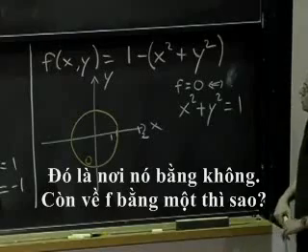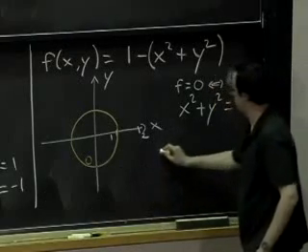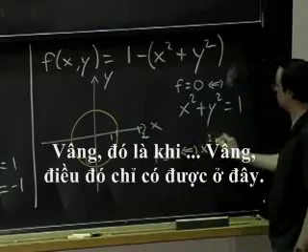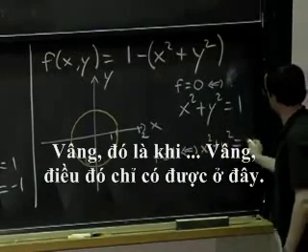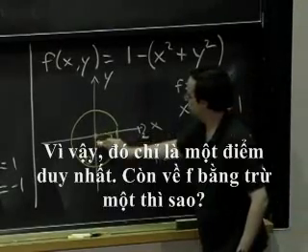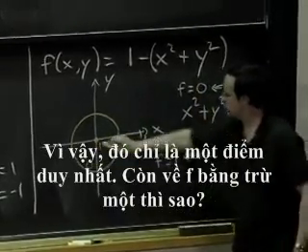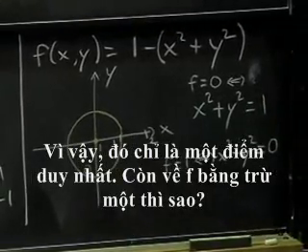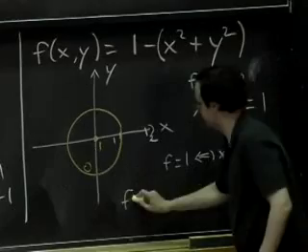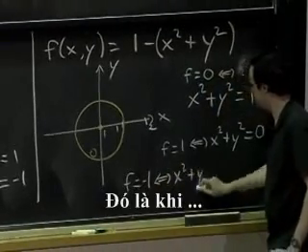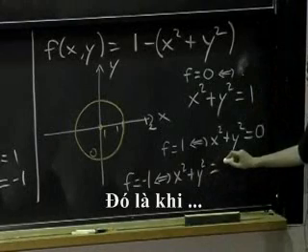What about f equals 1? Well, that's when x squared plus y squared equals 0. Well, that's only going to be here. So that's just a single point. What about f equals minus 1? That's when x squared plus y squared equals 2.